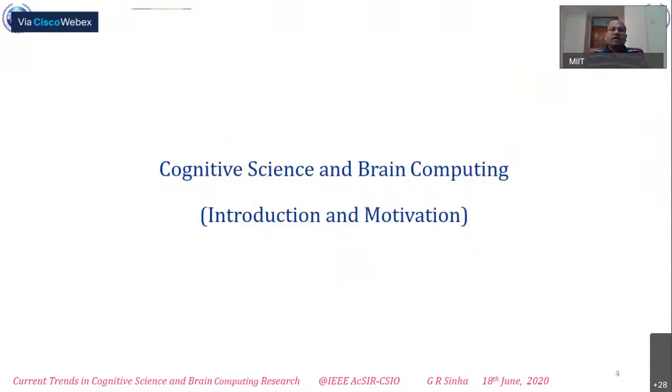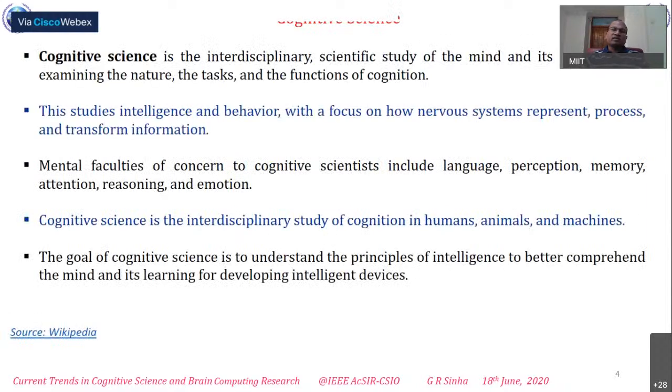Let's begin formally with the first part of the presentation, that is cognitive science and brain computing. Let's try to understand what cognitive science is and what brain computing is. We can see that cognitive science is interdisciplinary. These days, we can't say cognitive science is only limited to computer science, IT or biomedical engineering. It is an interdisciplinary scientific study. It is the scientific, systematic study of the mind, rather the brain, because mind and brain are slightly different.